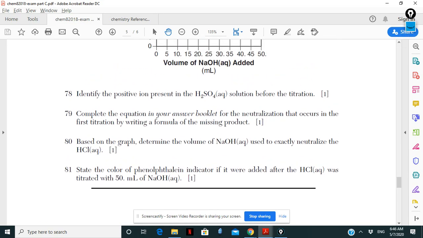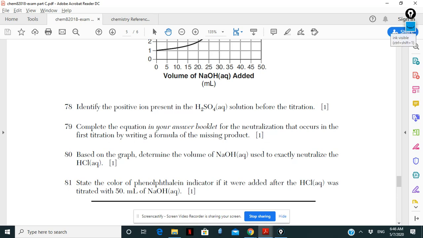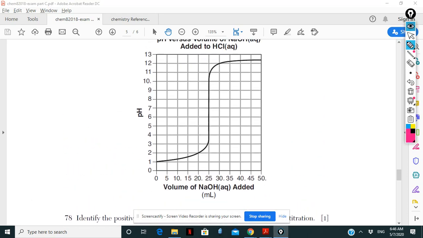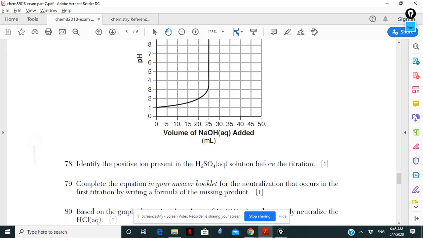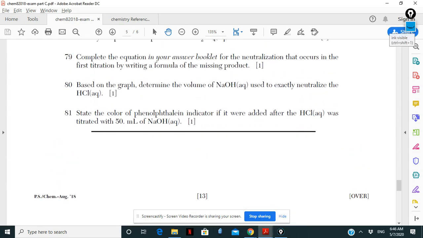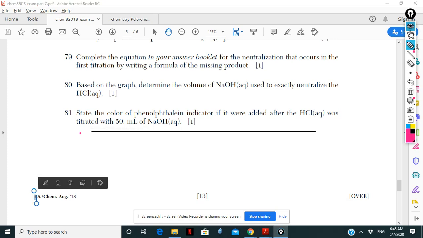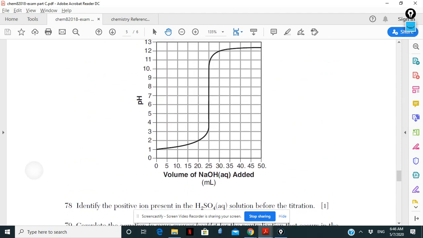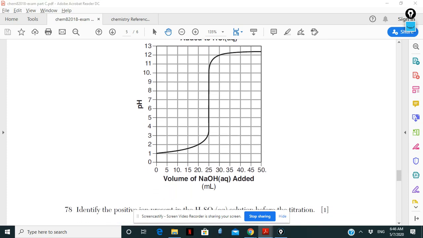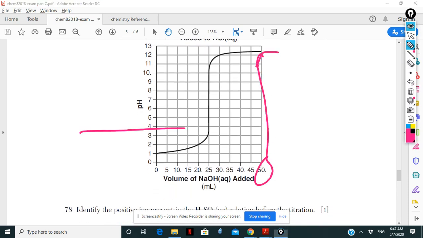Based on the graph, determine the volume of NaOH used to exactly neutralize HCl. Look here: the neutralization point is where the curve starts to go from the lower to the upper. So it's going to be 25 mL. Now, this is the color of phenolphthalein when titrated with 50 mL. 50 mL here is giving me pH 12, which means it's alkaline.